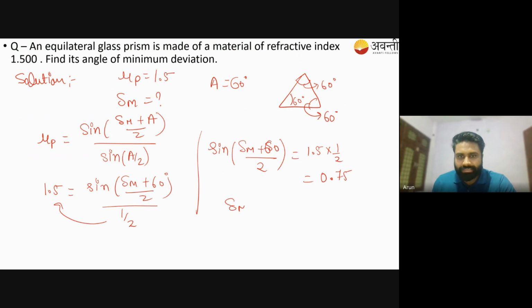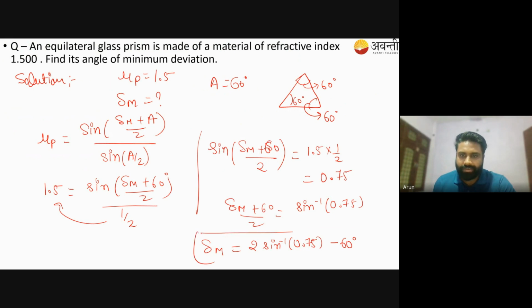So (delta m plus 60) by 2 is sine inverse of 0.75. Okay. So delta m is nothing but 2 sine inverse 0.75 minus 60. This is the value of minimum deviation that you have.